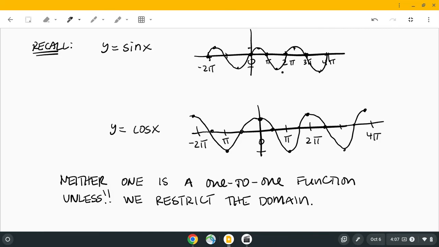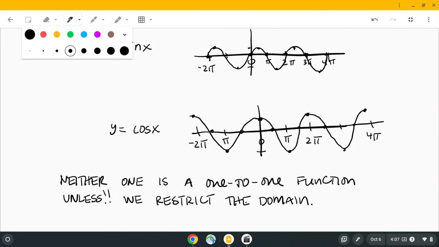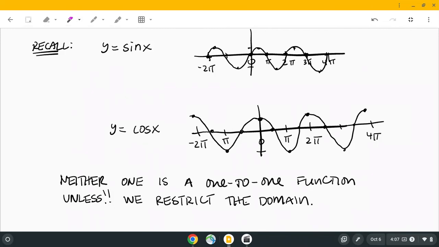What happens is it stops right here at pi over 2, and it starts here at -pi/2, so that we only look at this part of the graph. If we look at only this part from -pi/2 to pi/2, that purple part will pass the horizontal line test.